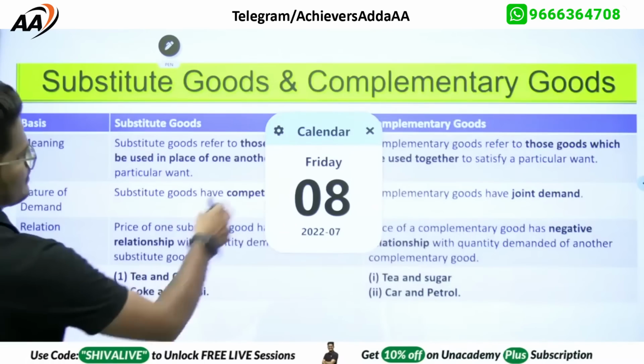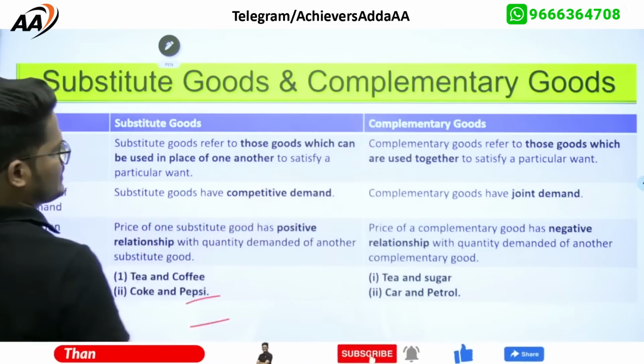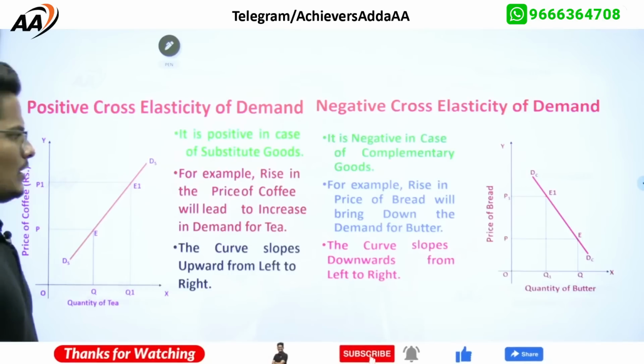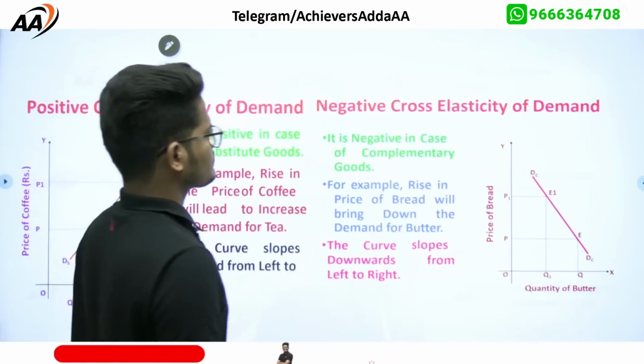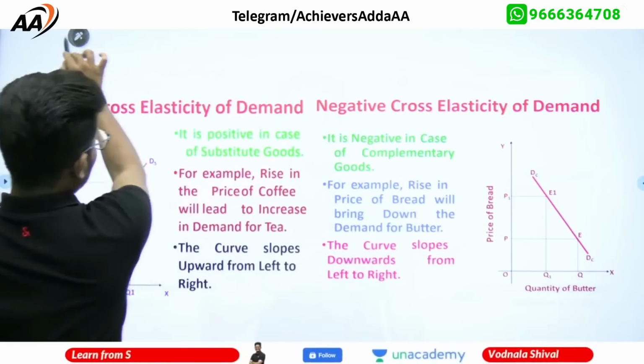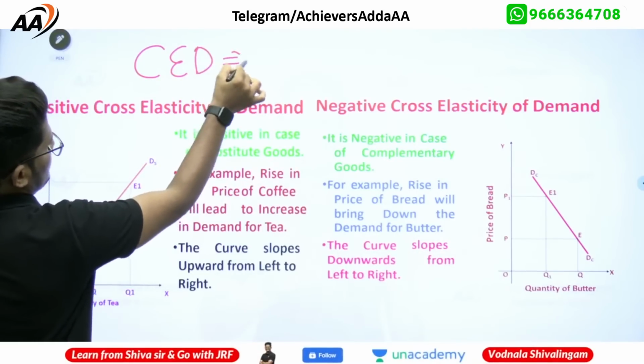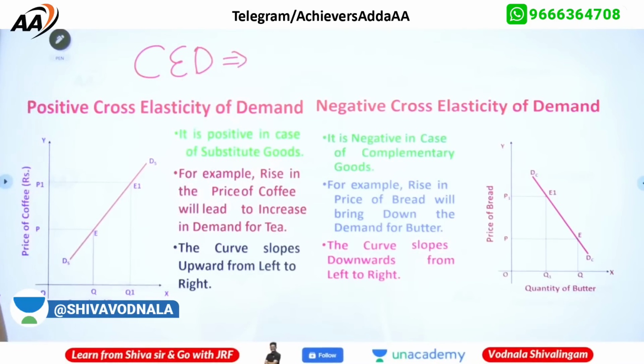Here, I will share the PDF in the Telegram, do not worry about it. Positive cross elasticity, negative cross elasticity. We know very well. First, what do you mean by cross elasticity of demand?